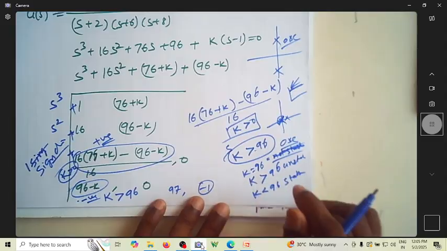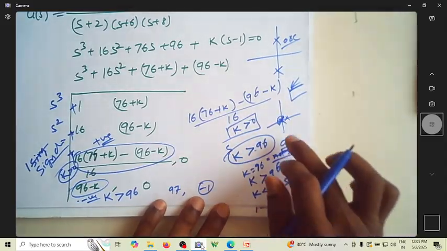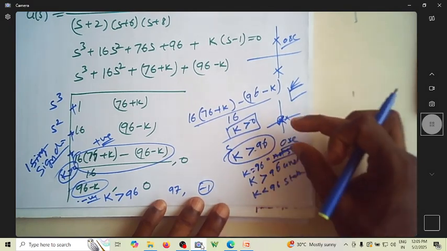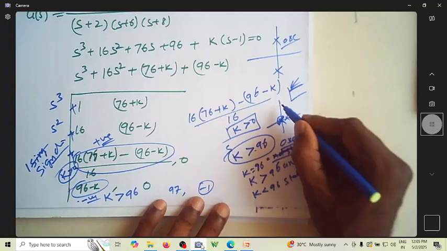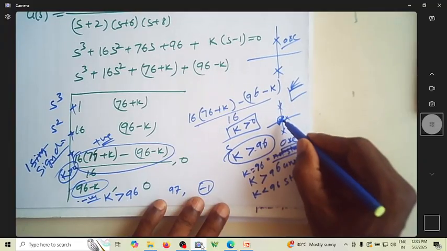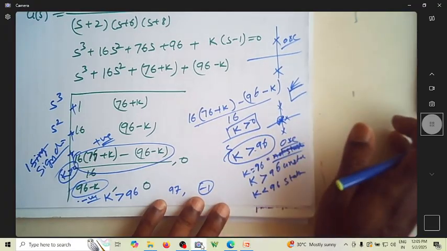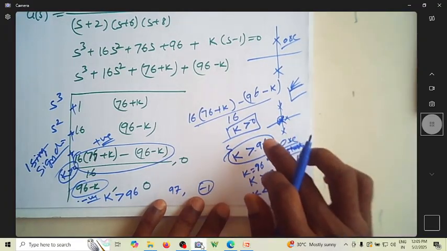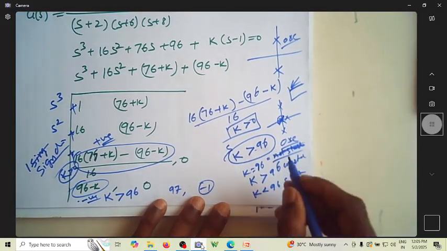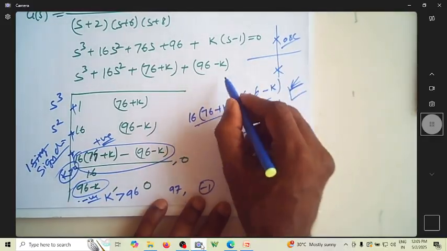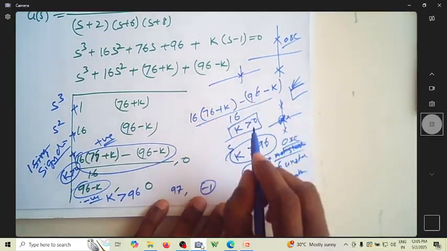I can still say the system is stable because it is giving a finite output. Suppose it has two poles on the imaginary axis, then it is oscillatory. If it is only one pole, it is still stable. If it goes onto the right hand side, it is unstable. If it is on the left hand side, it is still stable. So with k equal to 96, one pole is there at the origin.